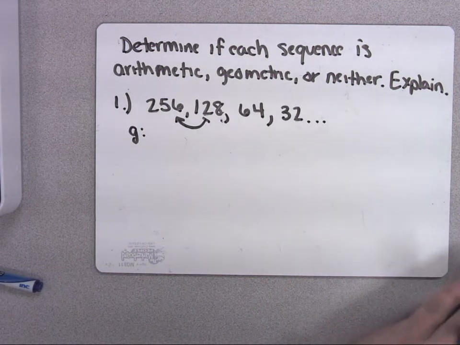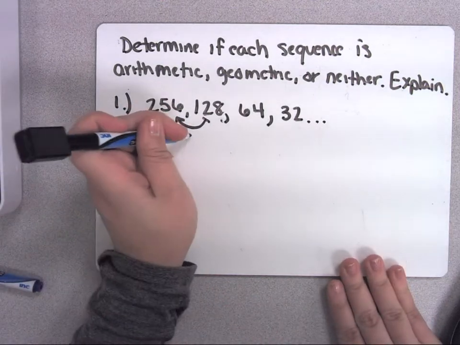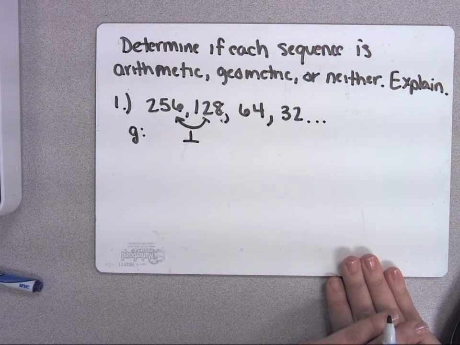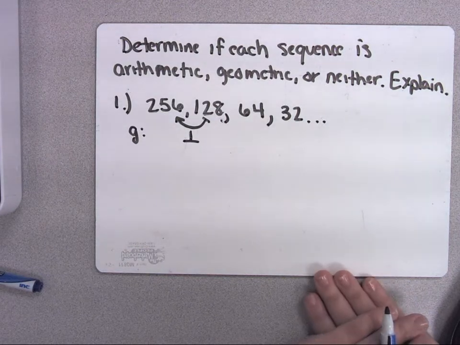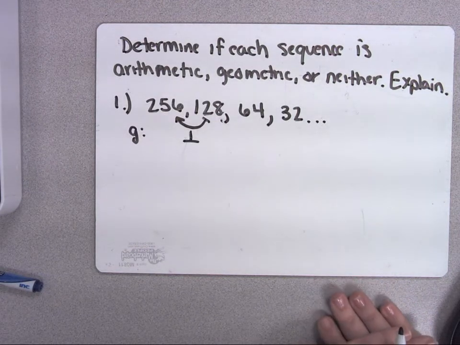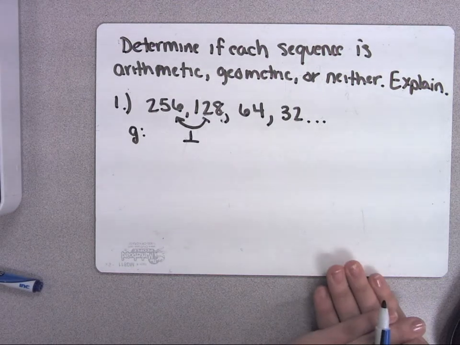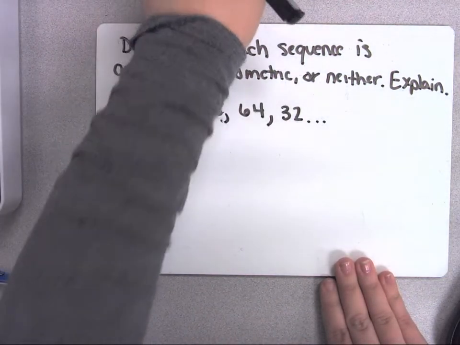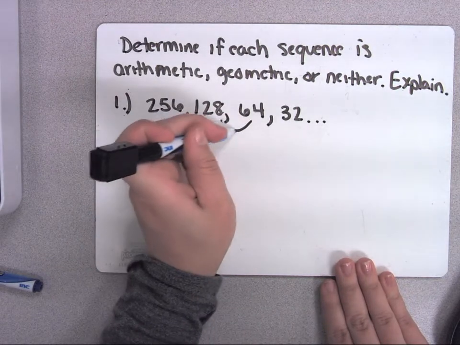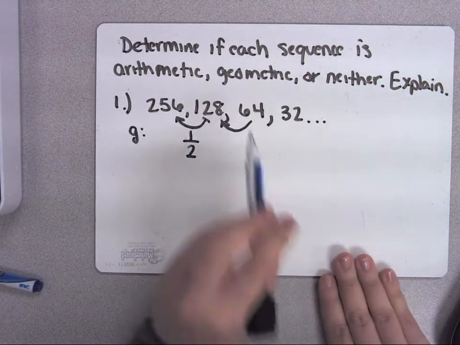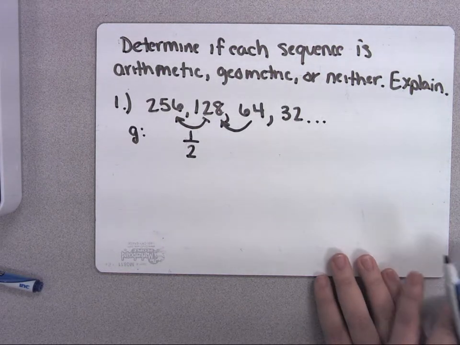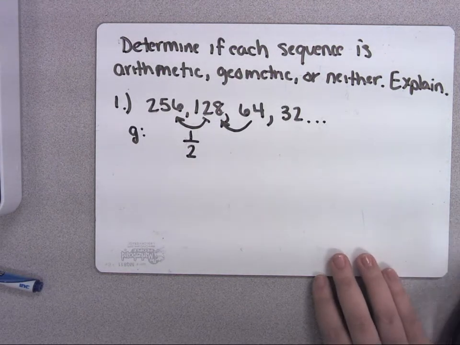128 divided by 256. I'm going to write it as a fraction. You divided the wrong way. It's 1 over 2, which is 1/2. Now, test the next one. If this is a geometric sequence, the ratios will be exactly the same. So try 64 over 128 and see if you get the same fraction.